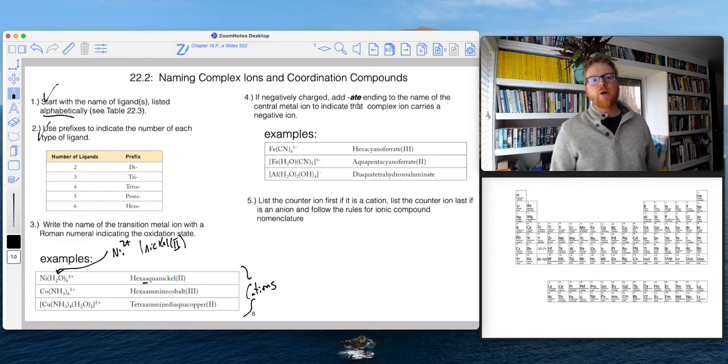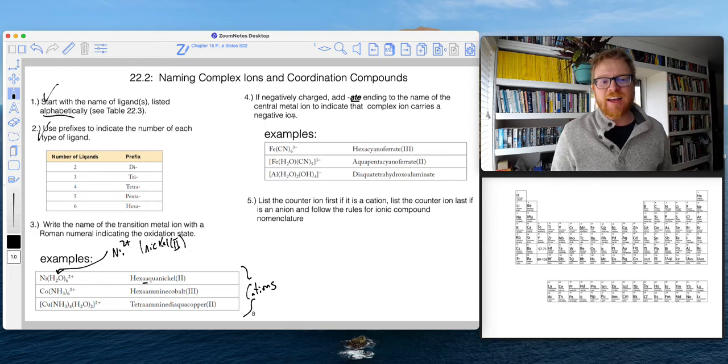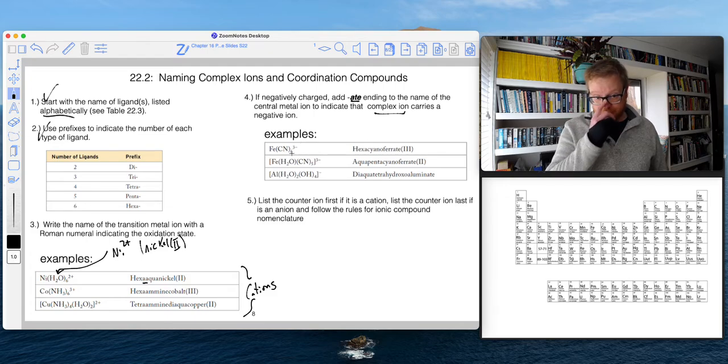Now if it's negatively charged, we add an "ate" to the end of the name of the central metal ion to indicate that that complex ion carries a negative charge. So here's this iron with cyanide complex ion. You can see this one is rather complicated to work out, because we have to remember that each cyanide is 1 minus.